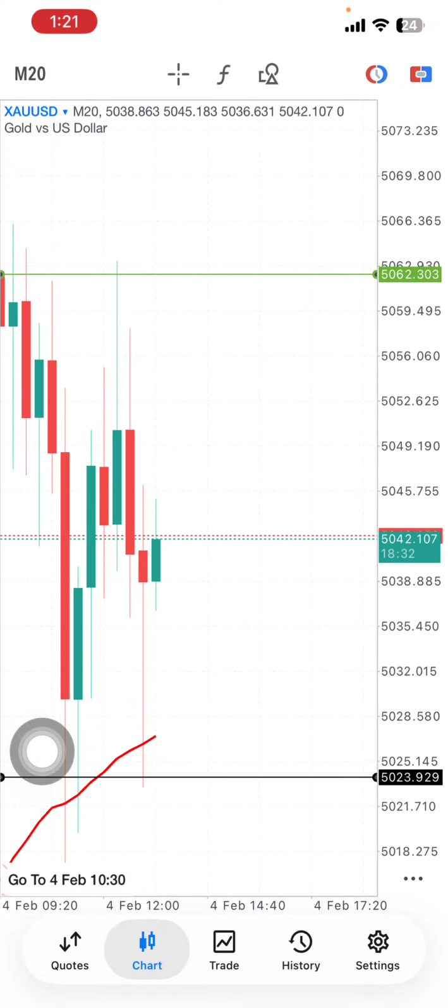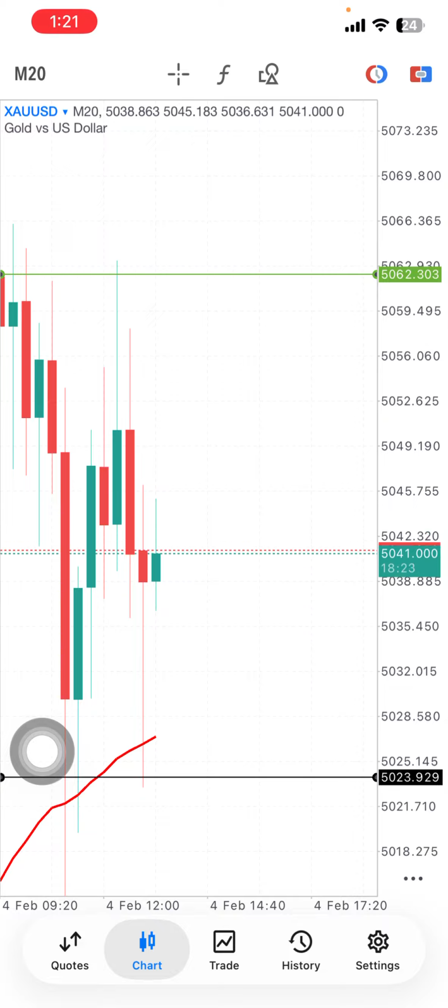Looking at the 20 minutes candlesticks, there is something funny over here, but still this market will move to the upside. You see there is a support created. We are expecting this 20 minutes candlestick to also close bullish and create a new support.